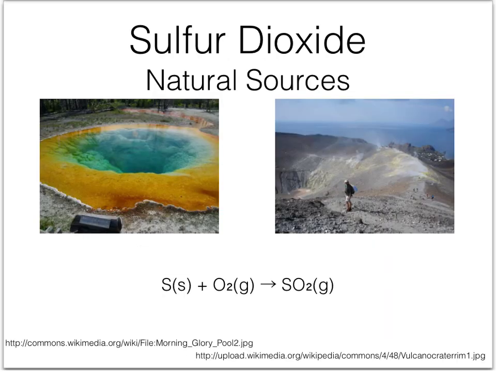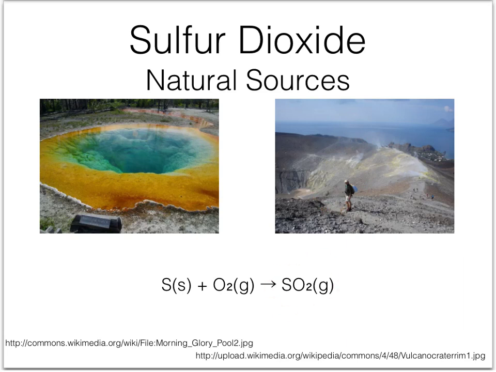There are a couple of acidic oxides that we're going to spend a bit more time on. The first of those is sulfur dioxide. Now, sulfur dioxide is released naturally where we've got hot springs and in volcanoes. So this hot spring is actually showing the elemental sulfur, that's that yellow stuff. And the yellow stuff here is also elemental sulfur, but both hot springs and volcanoes release sulfur dioxide directly into the air.